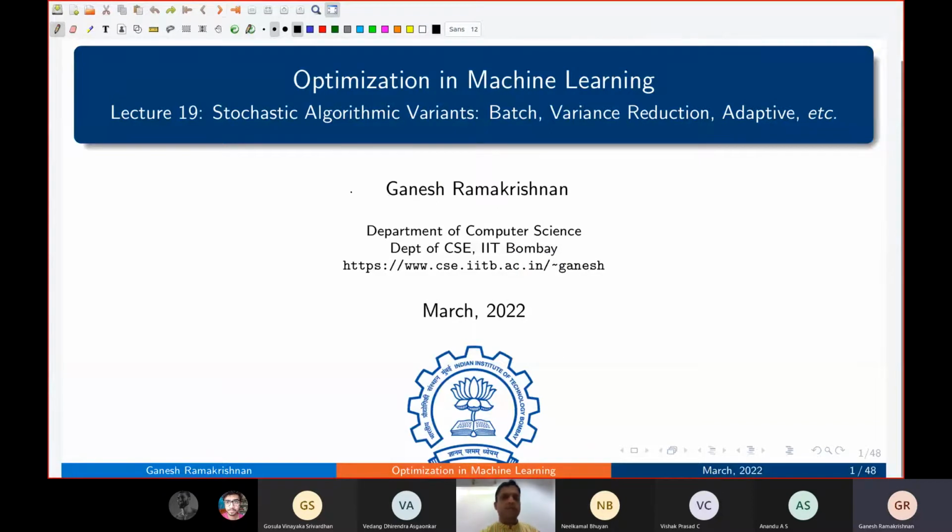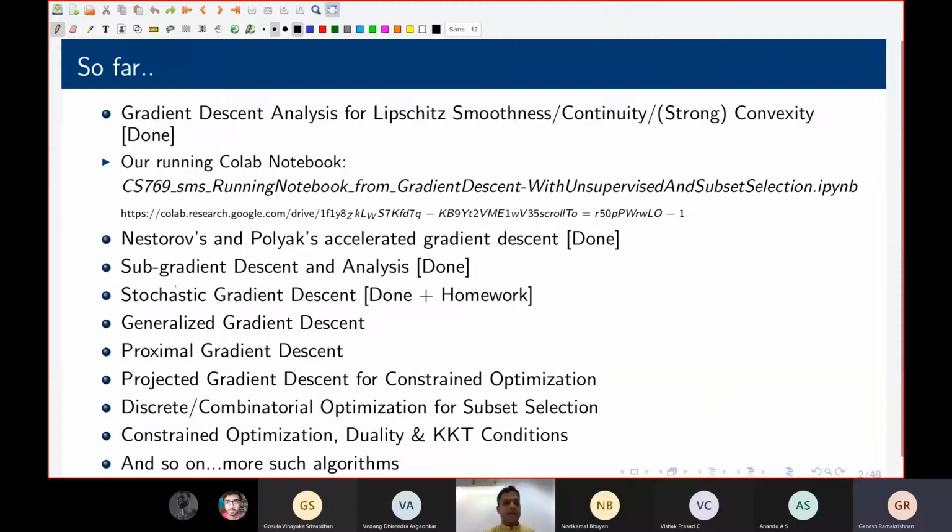Having set a background, we'll now conclude our discussion of stochastic gradient descent.